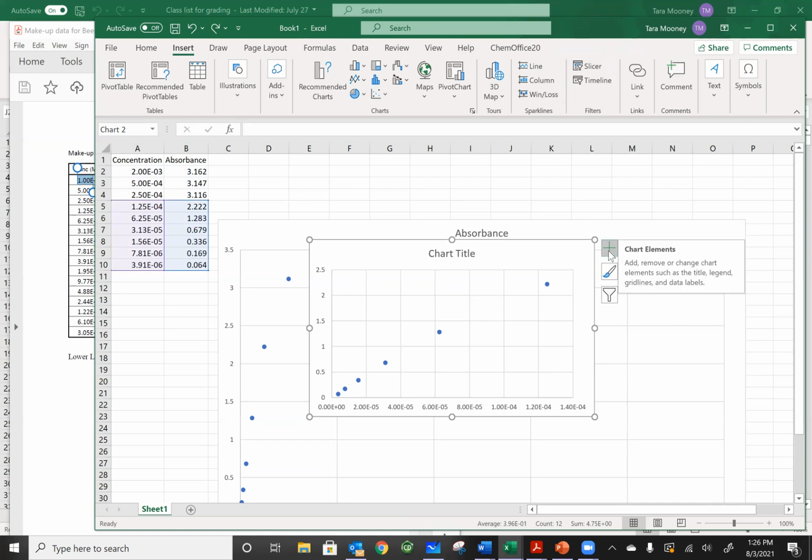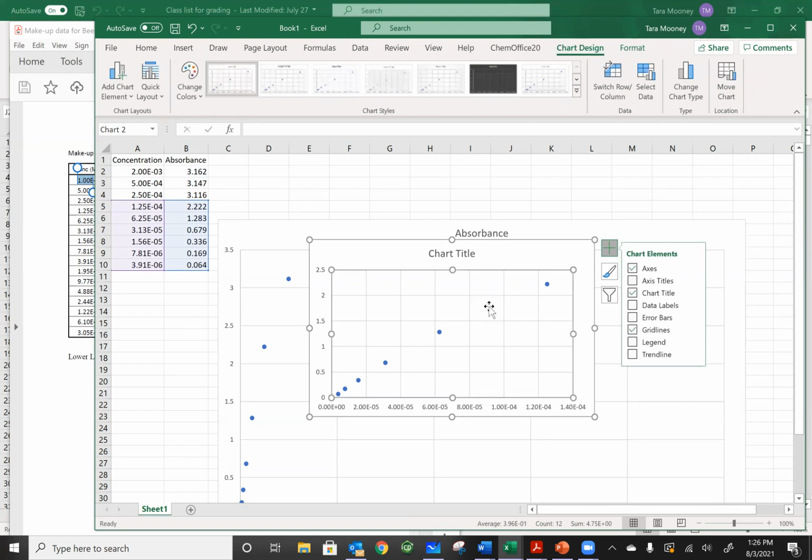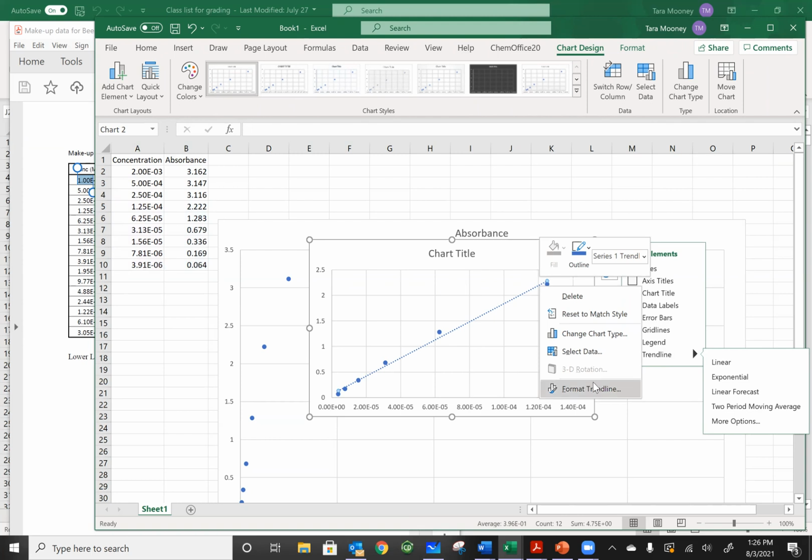So now we want to select the chart area. We want to add a trend line, and it needs to be linear. Let's go to format trend line.